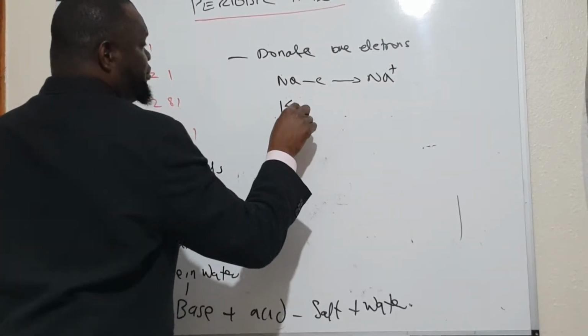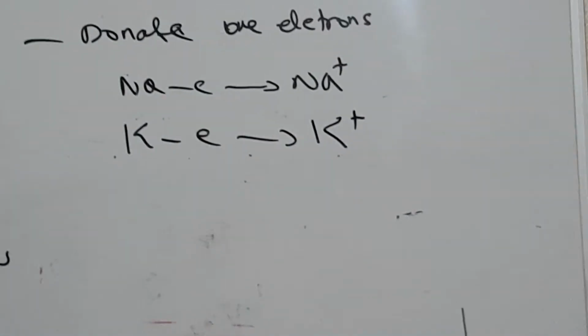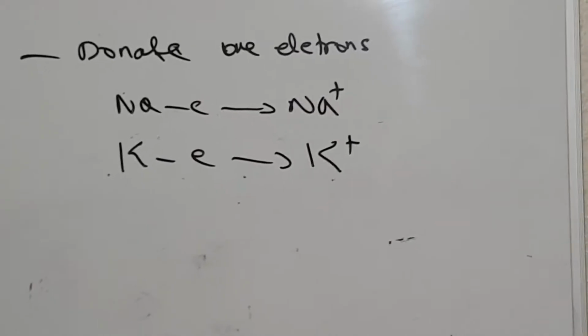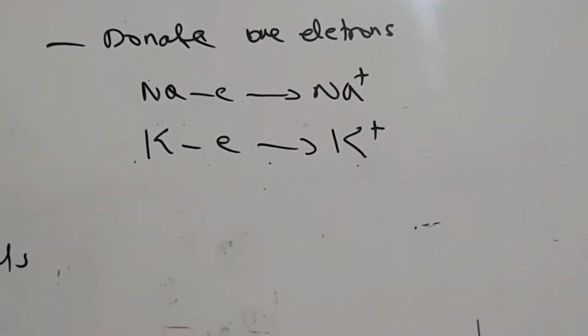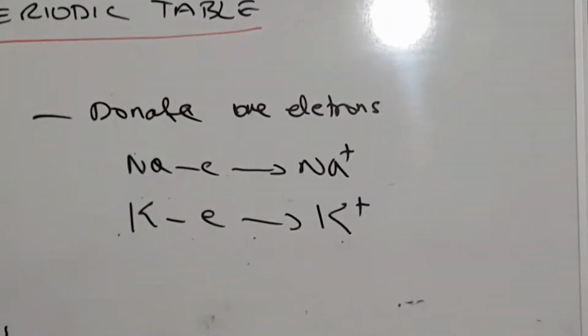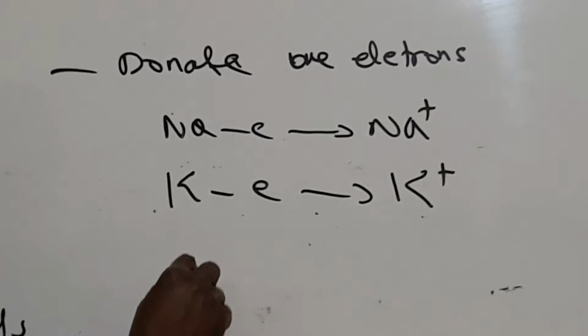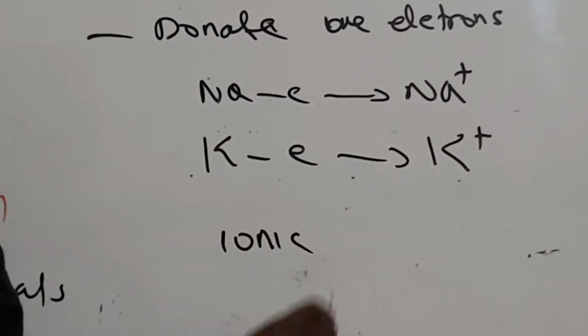So is potassium, it loses 1 electron, it becomes potassium plus. So all of their ions are 1 plus. Therefore, when they react with group 7 elements, they form ionic compounds.